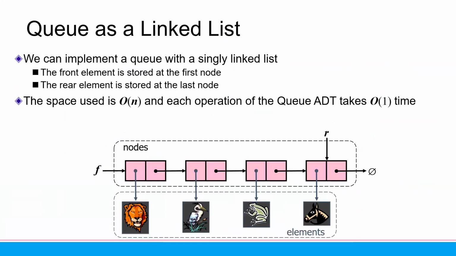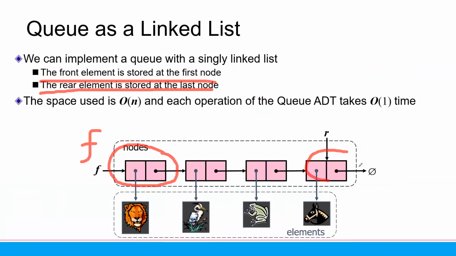Or we can use a queue for this linked list. In this case, we have the front element and we have the rear element. So you know already, when we have the question in the exam, we learn about the front and the rear element. If it is the head, it will be the front.